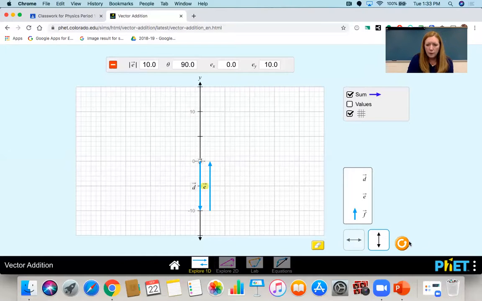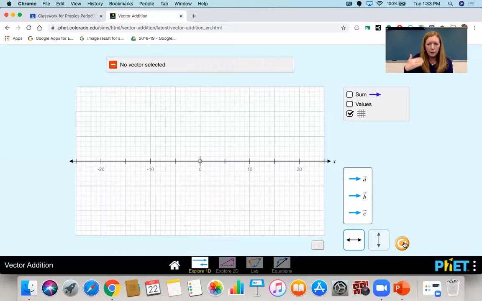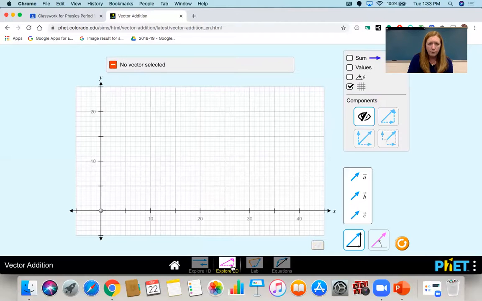If you guys are using this simulation, I'm going to give you directions to go through some lab stuff with this week. I could also take a vector here because we don't always travel just north, south, east, and west. So let's say I'm using a nice 45-degree angle here.